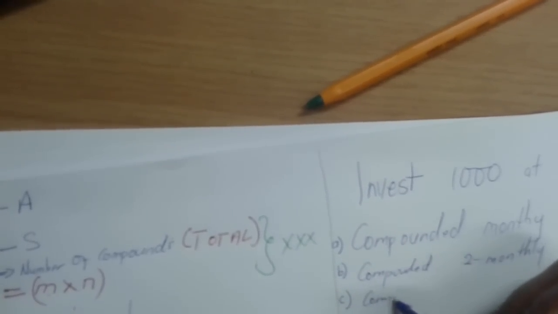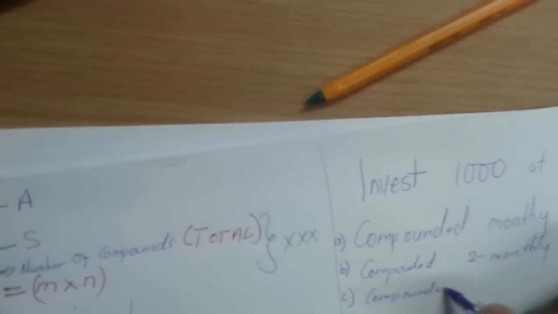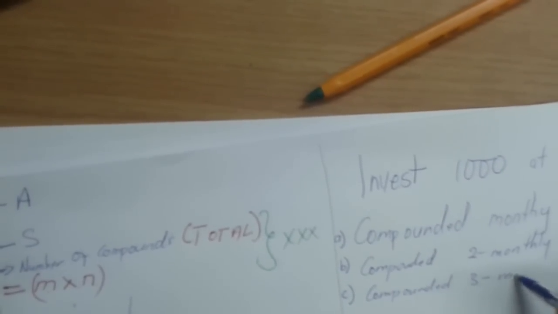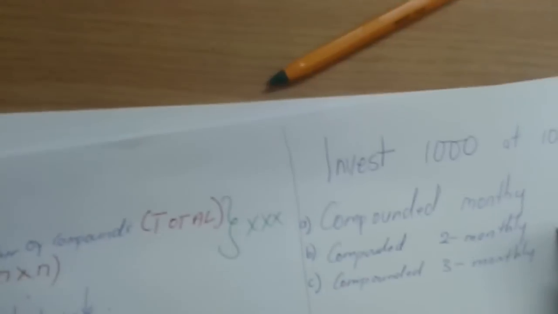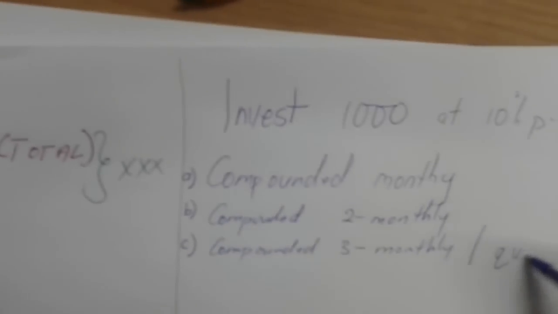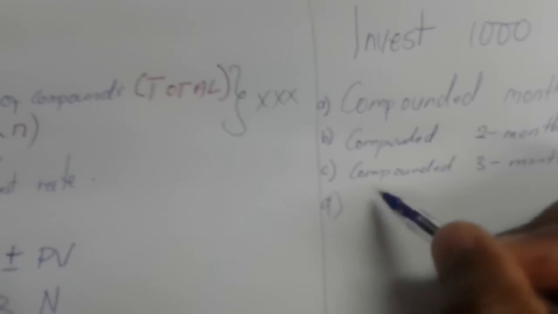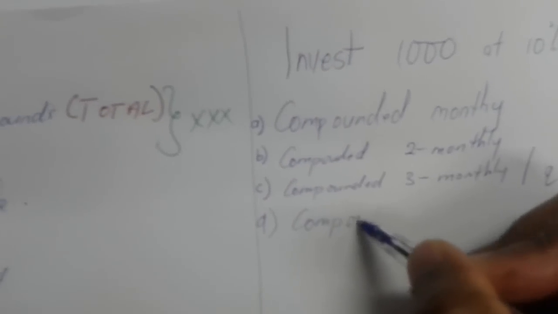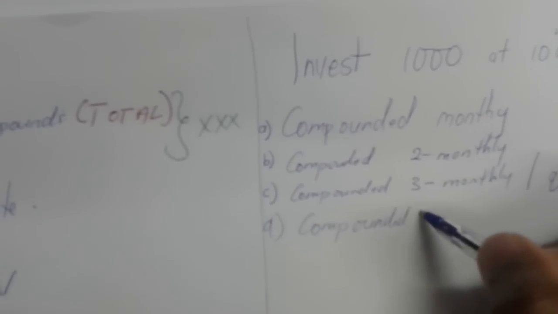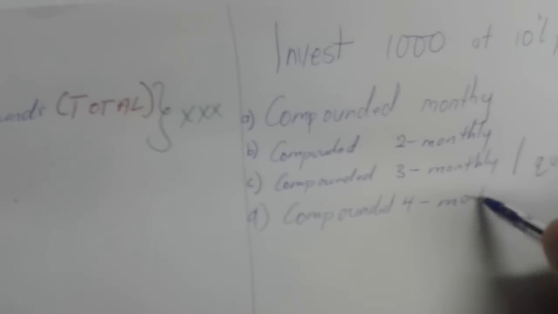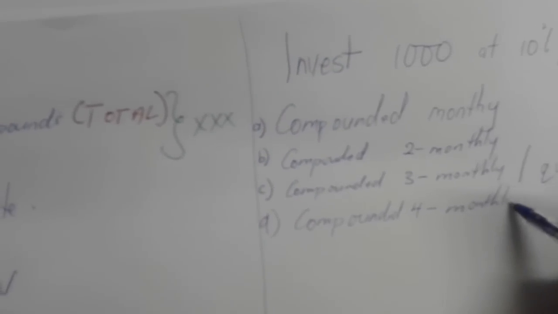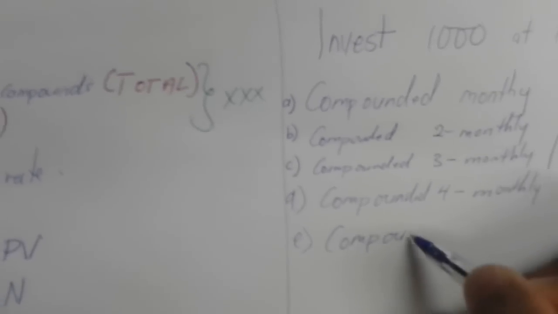C, compounded 3 monthly, which is the same as quarterly. Then D, compounded 4 monthly, and lastly E, compounded half yearly or 6 monthly, same thing.